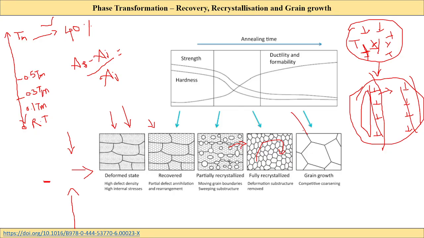So this is our final structure. Now this is about recovery, recrystallization and grain growth, and I'm not going to go deep into it because it itself requires 2 to 3 sessions, so I just barely brush up on it now.